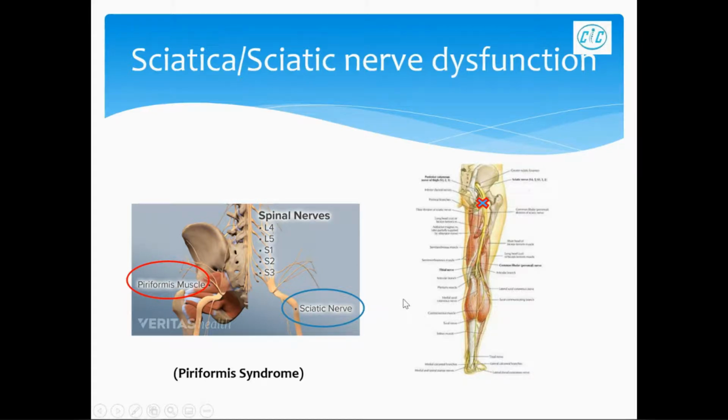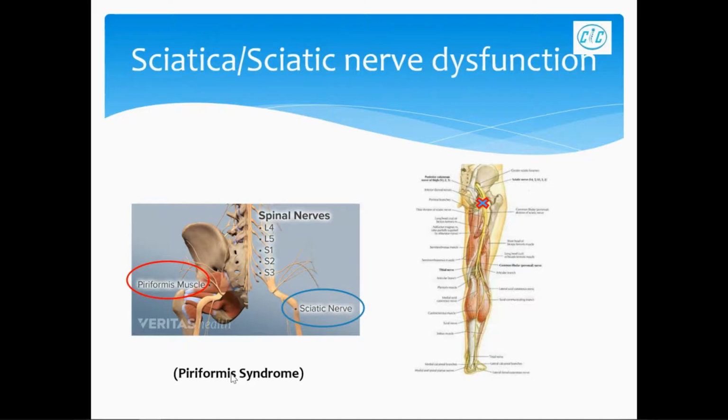If the sciatic nerve is irritated because of the muscle right here, it is called piriformis syndrome, which is very commonly seen in patients, especially patients who cross their legs or have a long-lasting sitting job or profession.